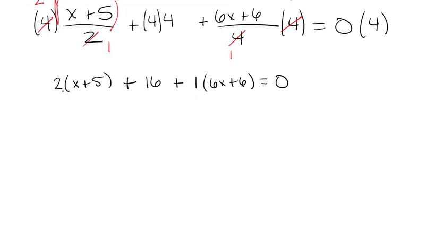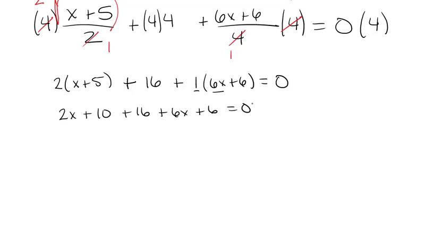Now, let's multiply. 2 times x is 2x, 2 times 5 is 10, plus 16, then 1 times 6x is 6x, 1 times 6 is 6.